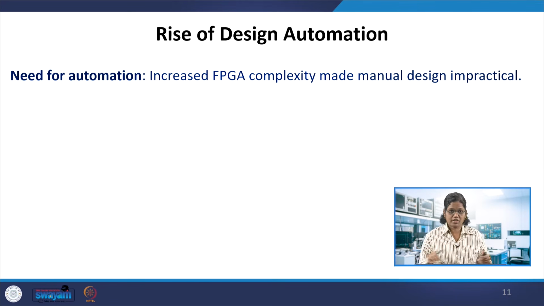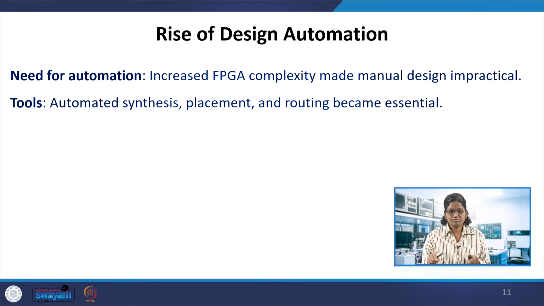Because of the larger size FPGAs in the expansion age, there was a need for automation, due to the increased FPGA complexity. The manual design or routing practiced in the age of invention became impractical because of the larger size and complexity of FPGAs.